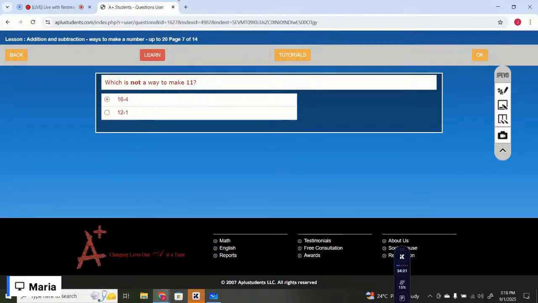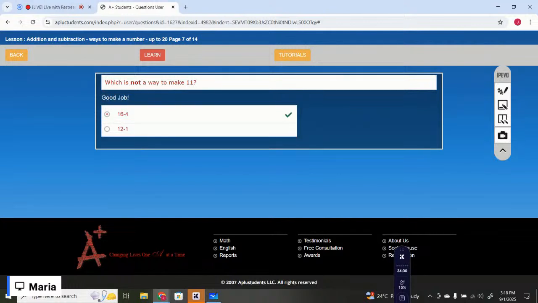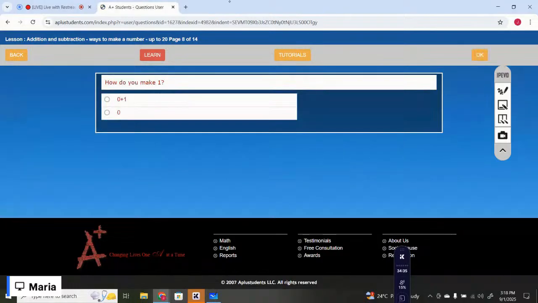Option number 1 is the correct option. How do you make 1?